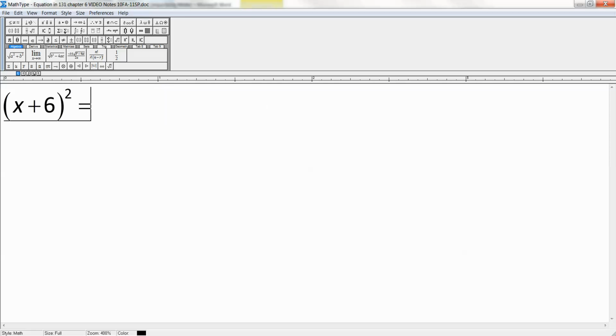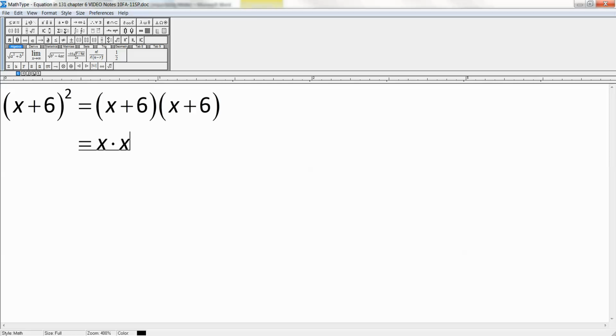Okay, the deal is when you have something to the second power, what you're doing is multiplying it by itself, right? So you need 2 of them in there. But we learned that when you do that, you have to distribute. So you take x times each one of these. Hold on, I'll write it out.